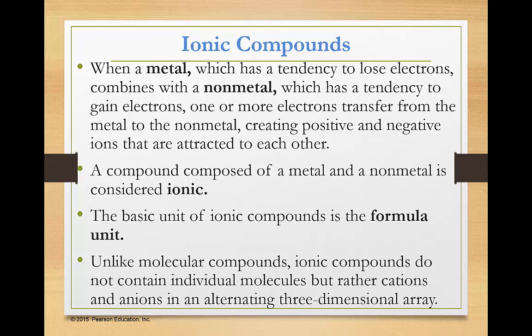Now I've got a positive charge and a negative charge. Opposite charges attract one another, so those positives and negatives bind together. They're attracted and form that formula unit. So metal, nonmetal, you've got it ionic. The base unit is a formula unit, not a molecule.